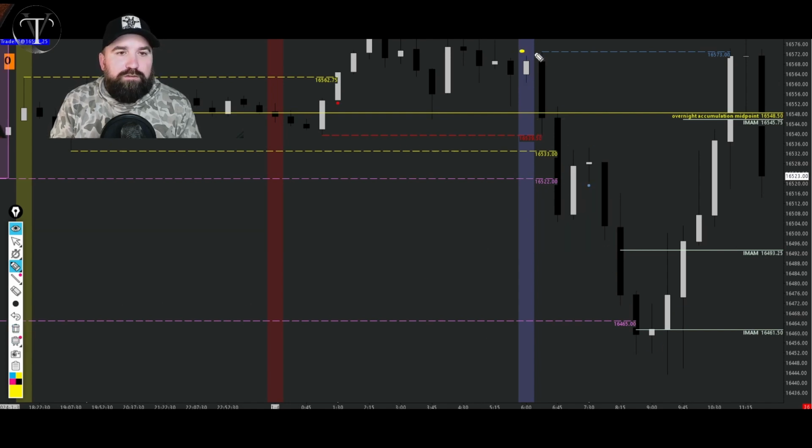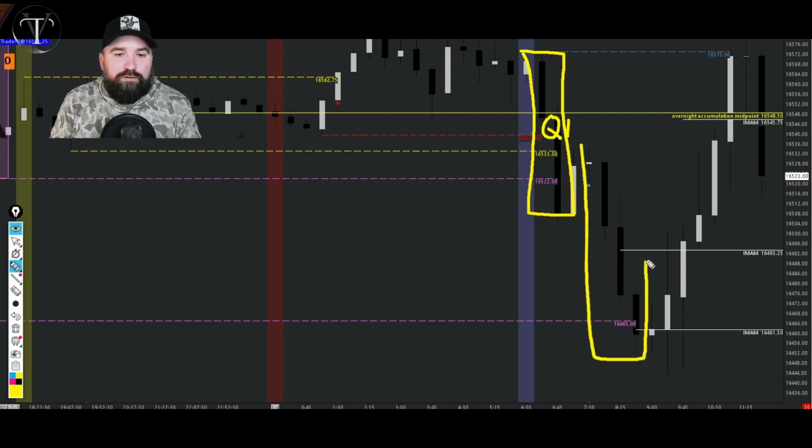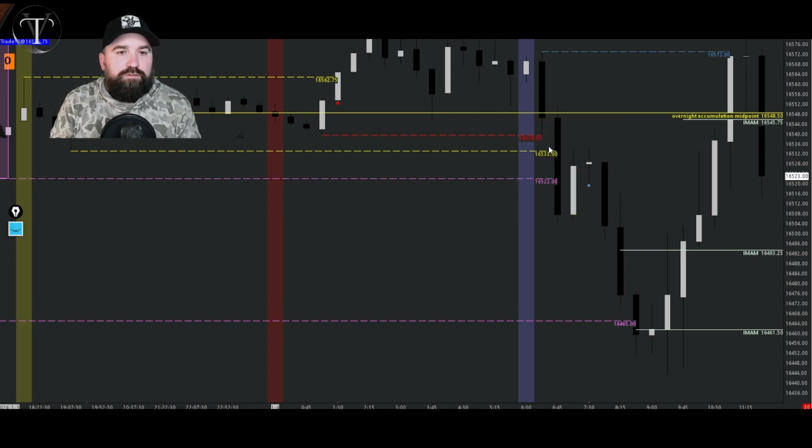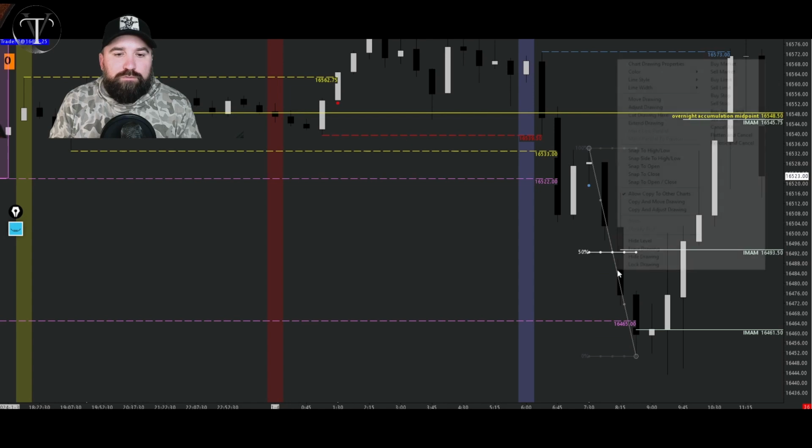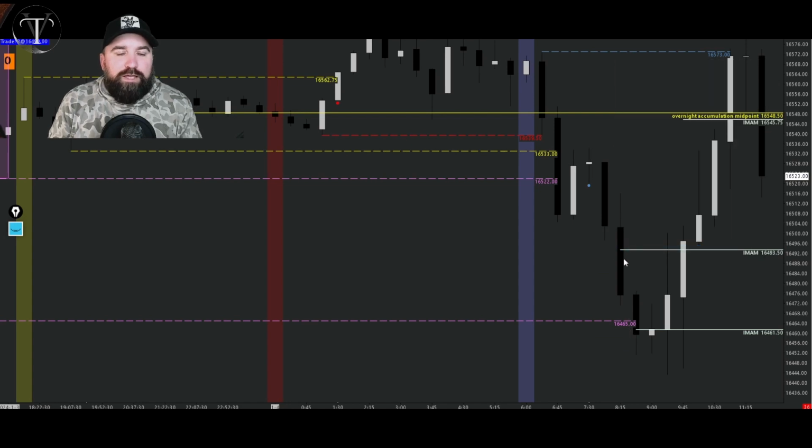Because these four together create Q1 of the New York AM session, and these four together create Q2. Okay, and so we look at Q2, the midpoint of Q2 is of special interest to us in this sequence. And so the midpoint of Q2 is right here around this 93.25, 93.50 spot.